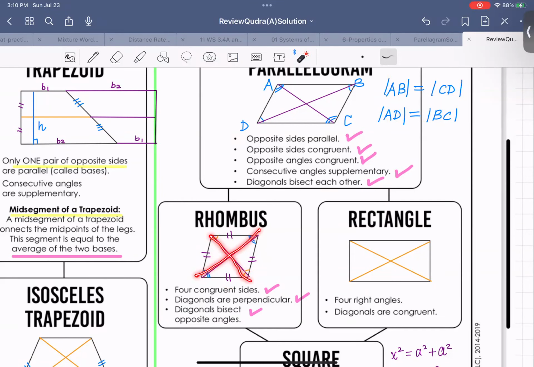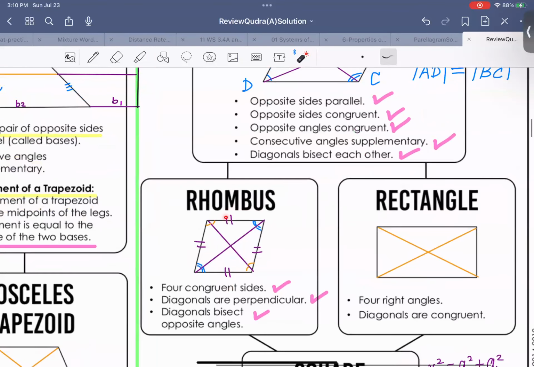We can prove why this is true also. So let me call Williams. Let's figure out why the rhombus diagonals are perpendicular, okay? See, the definition of a rhombus is that two adjacent sides are congruent, yes? Right.